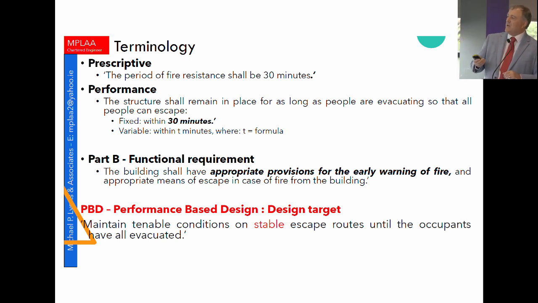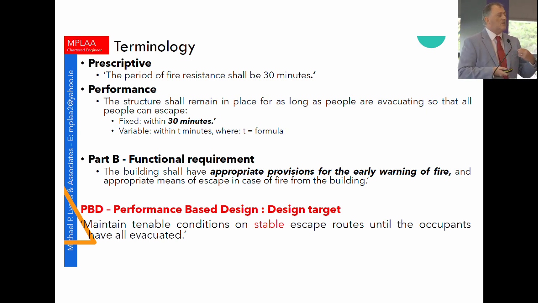An example of that would be, the general thing would be to maintain tenable conditions so that the structure remains stable. Well, TGD B decides for you what that means. You don't have to make anything up. You don't have to go into the science of it. Whereas with a performance-based design, you actually must come up with all the tenability criteria.